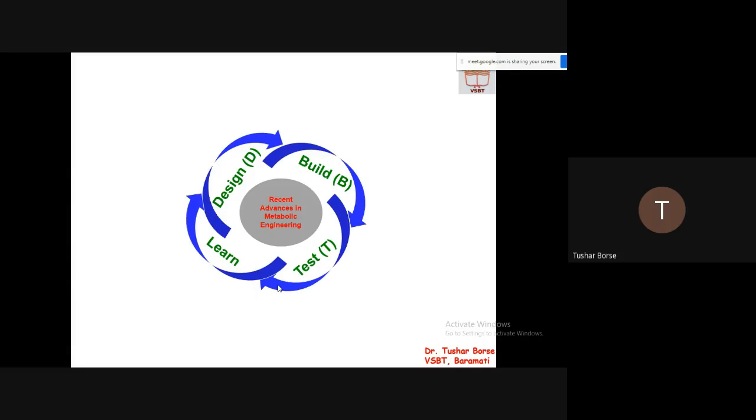So you target your metabolite. Then you target which host you are working upon, whether a prokaryotic system or a eukaryotic system. We know both systems and their complexities, so based on that you can think upon your metabolite, its pathway, and the host in which you are doing the modification. That is what is required here.